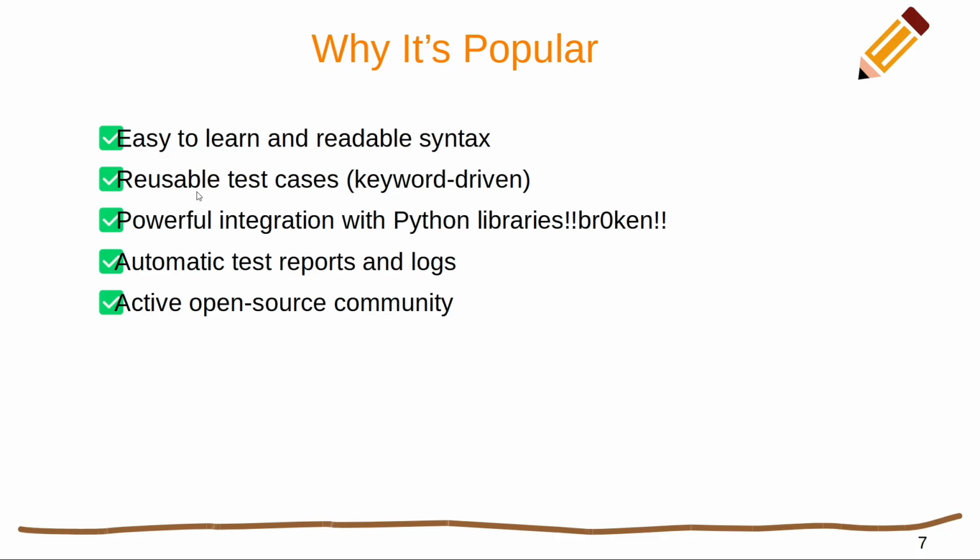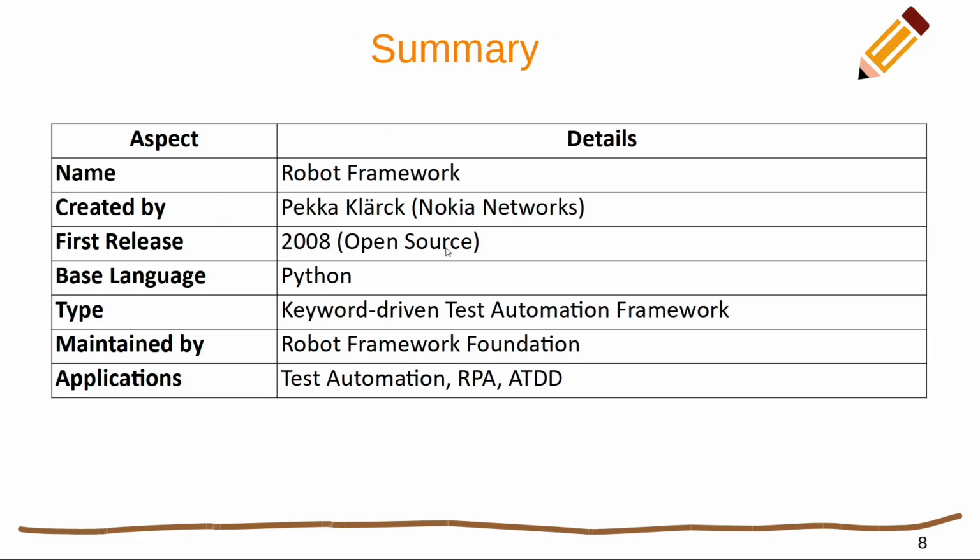Then we go for summary. So here we saw the framework, Robot Framework. It was created by Pekka Klärck at Nokia Networks. The first release was in 2008, open source. The base language is Python, and later it supports Java also. Its type is a keyword driven test automation framework. It is maintained by the Robot Framework Foundation, RFF. Then there are different applications of Robot Framework, but specifically test automation, RPA and ATDD.